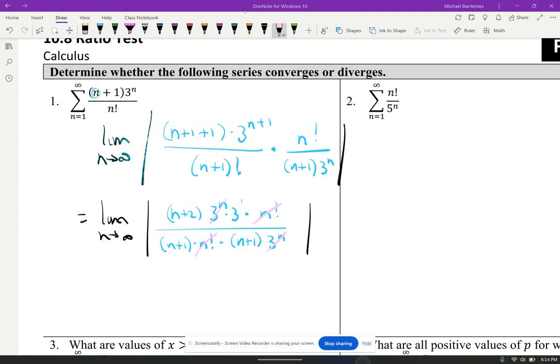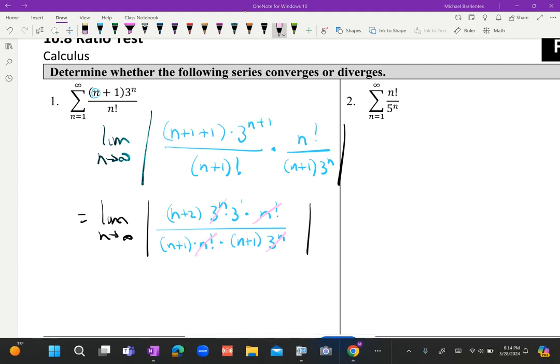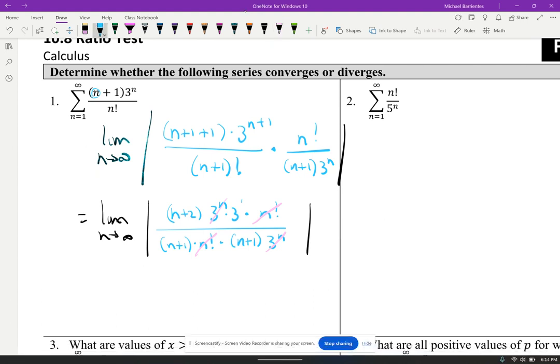So we are left with 3 times n plus 2. In the denominator, I'm left with n plus 1 times n plus 1. So if you think about it, the biggest term in the numerator is 3n plus 6. I guess if you want something else, the biggest term in the denominator is n squared plus other stuff. So this is a bottom heavy situation.